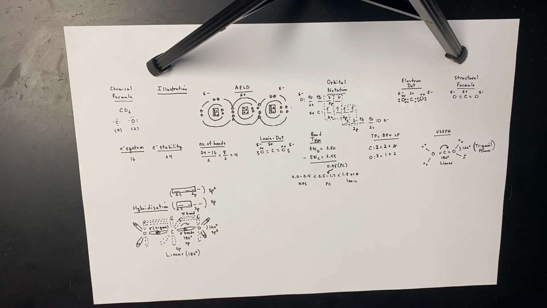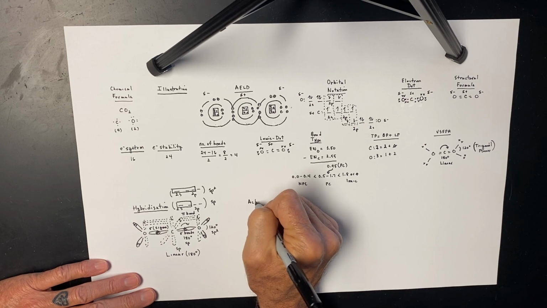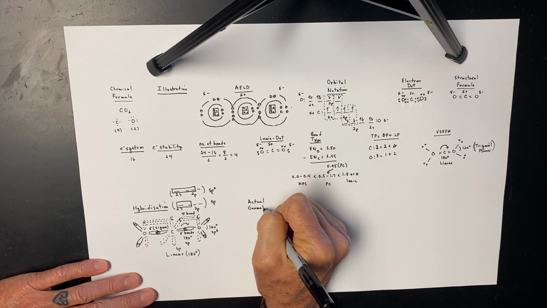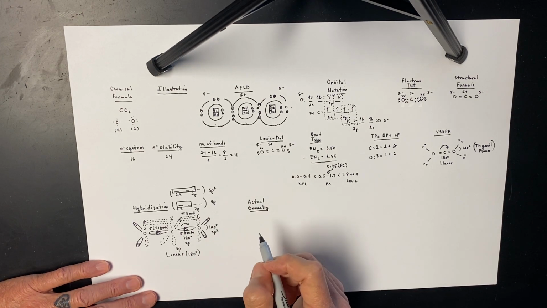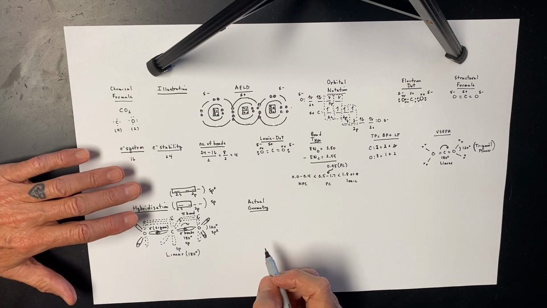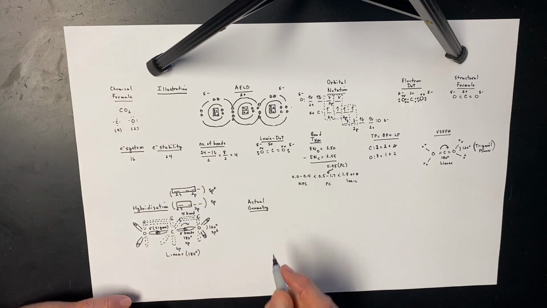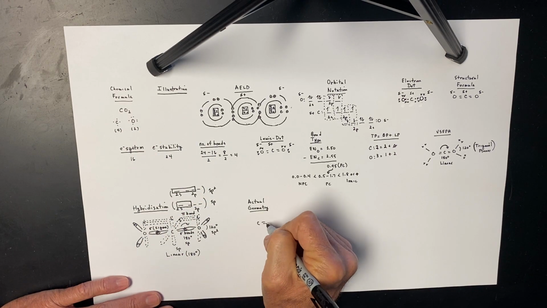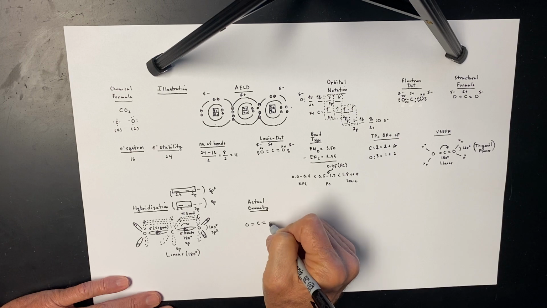That's the take-home point. Now, when we get to the actual geometry, we cover up lone pairs and only look at bonded pairs. So we're going to represent this in this way, almost like a Lewis structure, right?